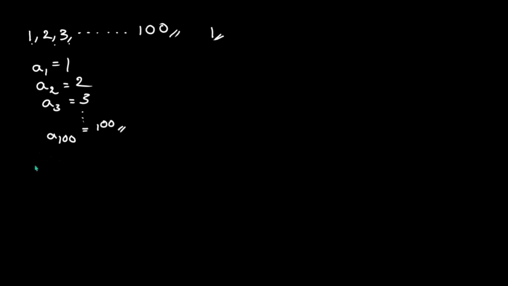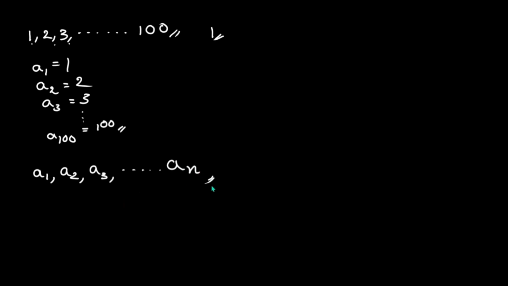So the generalized format of the series can be written as A1, A2, A3, and so on. This series has up to 100, but a series may have 5 numbers, 10 numbers, 20, 30, 50, 100, 200, 300. That's the reason I'm using the generalized format An.